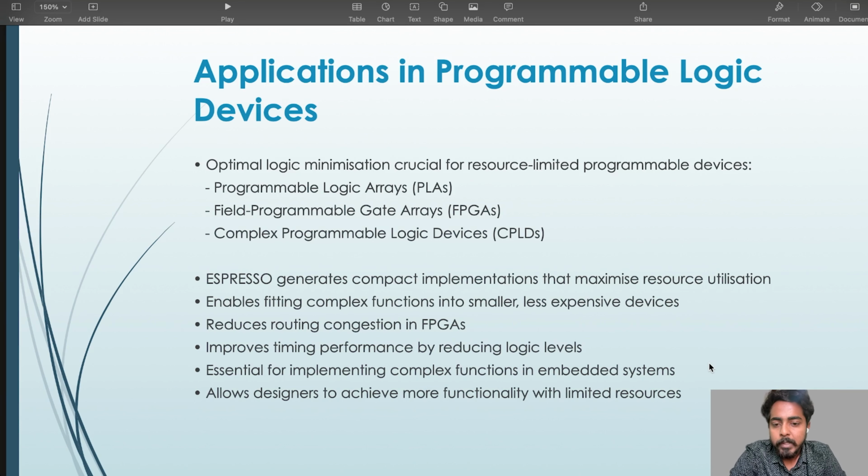Additionally, Espresso enhances timing performance by reducing the number of logic levels, ensuring faster and efficient circuit operation. This optimization is crucial for embedded systems where space, power, and cost constraints demand maximum functionality with minimum resources. Through logic minimization, a designer can push the limit of programmable hardware, achieving greater performance, efficiency, and scalability in modern digital systems.